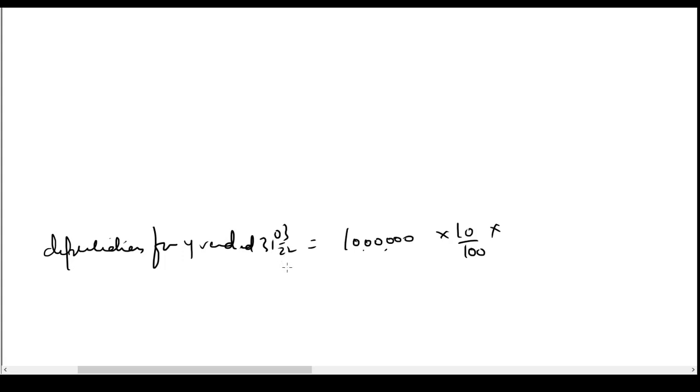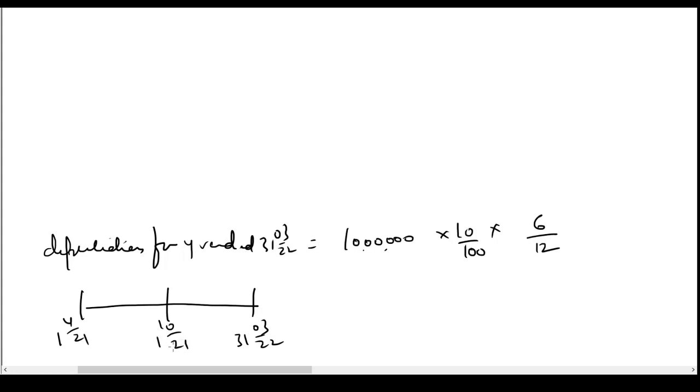But during the financial year 21-22 you have used the asset only for 6 months. So you have to divide it by 12 and multiply it by 6. The year started on 1st April 21. It ends on 31st March 22. We have purchased the asset on 1st October 21. So from 1st October only 6 months have been used.